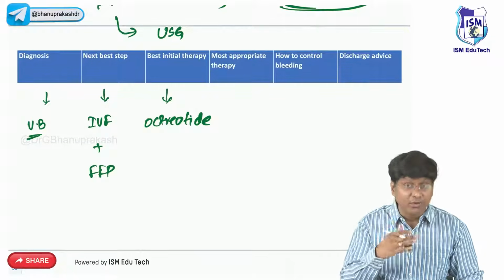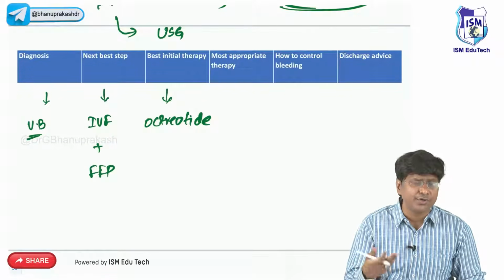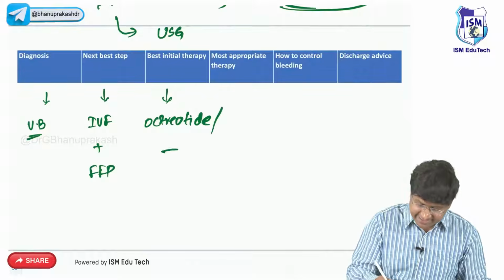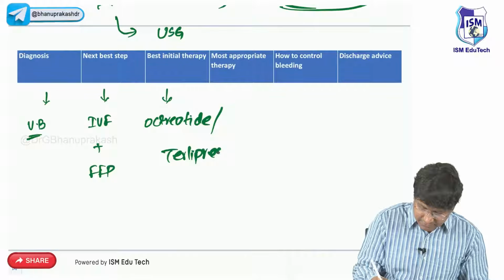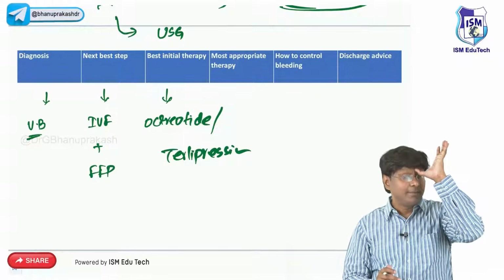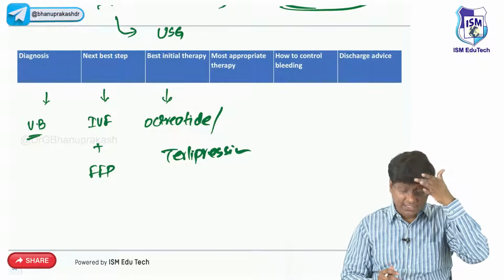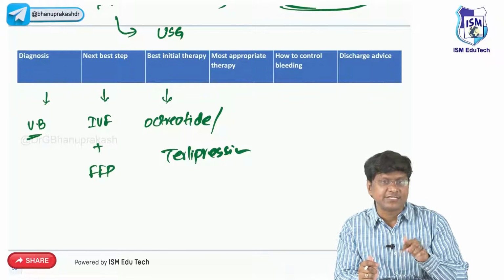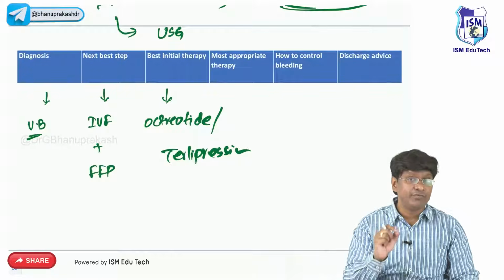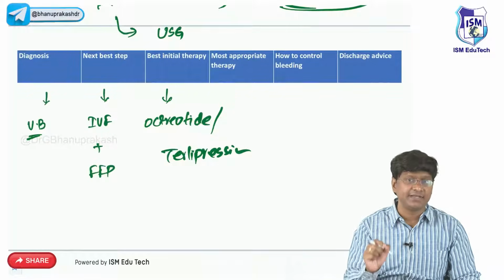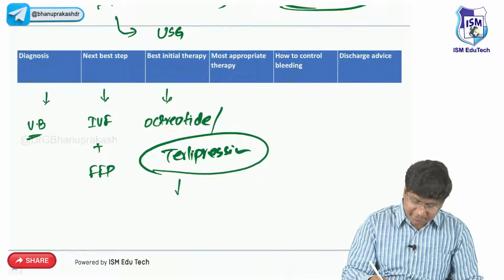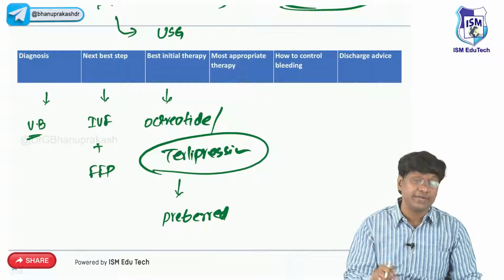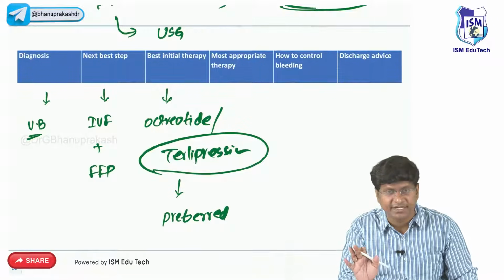Now, what are the other options? Next to octreotide, the other option that you have is terlipressin. Now what has been given in CMDT 2022 is that between terlipressin and octreotide, in countries where terlipressin is available, terlipressin is preferred over octreotide. This reference is from CMDT 2022.